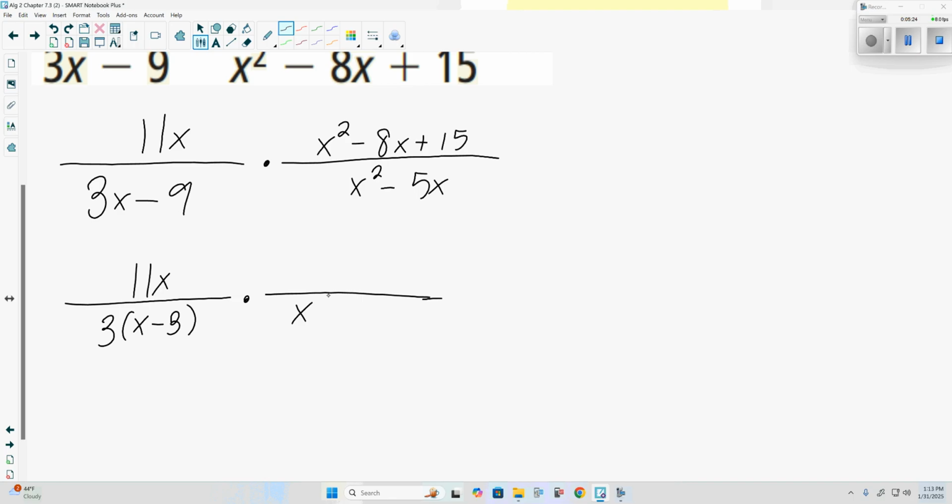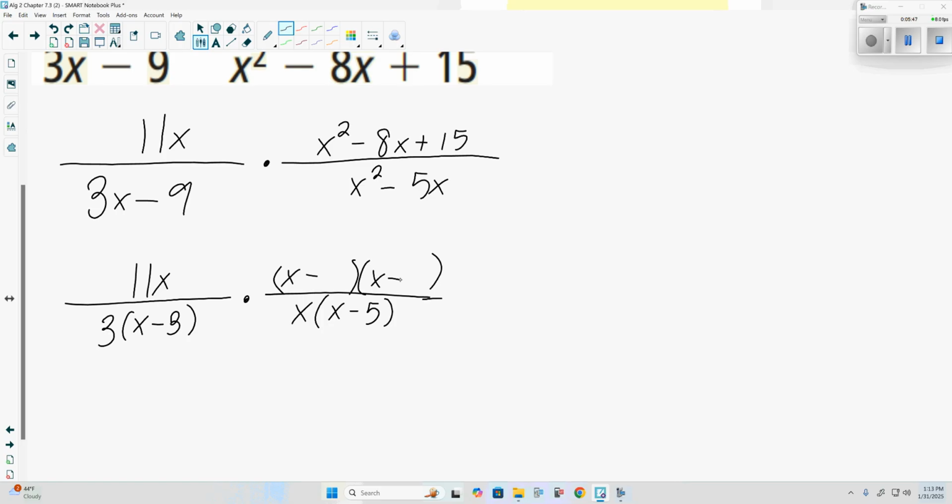X is the greatest common factor of x squared minus 5x, reducing it to x minus 5. And the factors of x squared minus 8x plus 15, we would have x and x. Minus, minus. Since the third term is positive, the signs are the same.